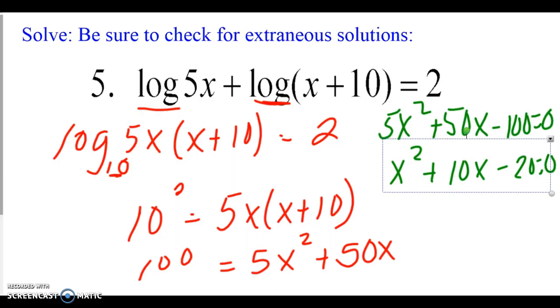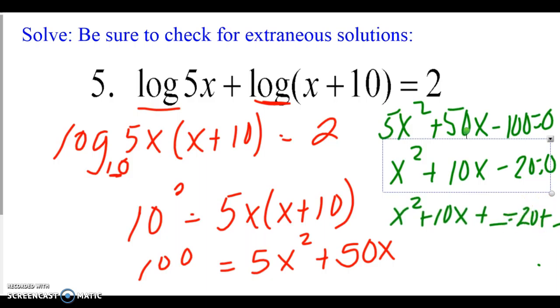Can't do it, right? 1 and 20, 2 and 10, 5 and 4. So I can't get it. So I actually have to complete the square on this, or use the quadratic formula. That's kind of no fun, but I get x squared plus 10x plus blank equals 20 plus blank.